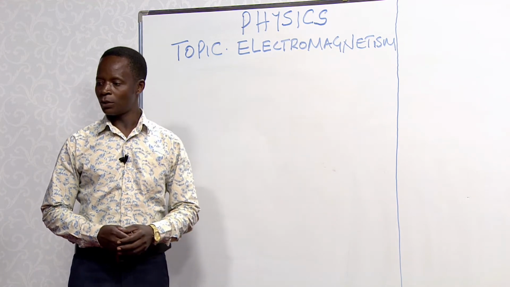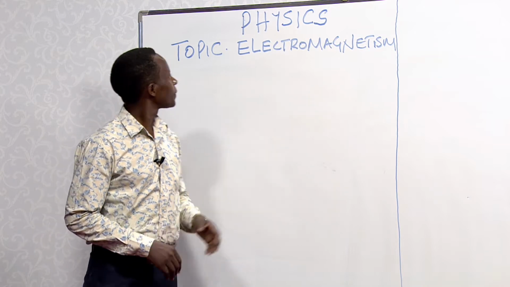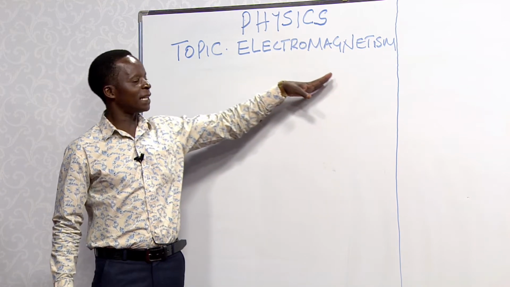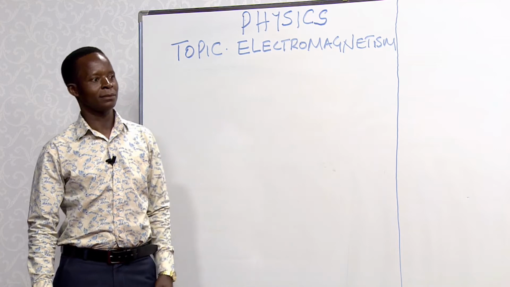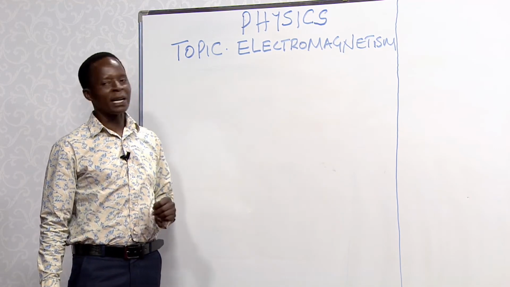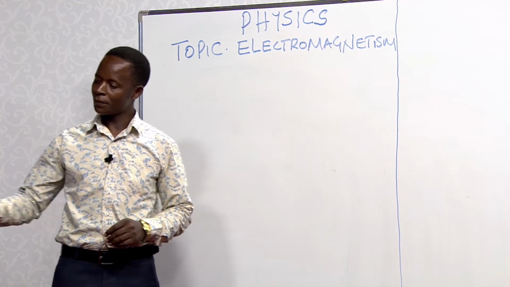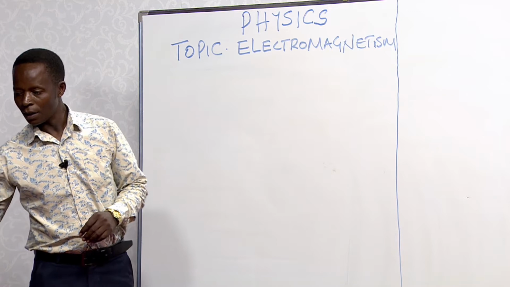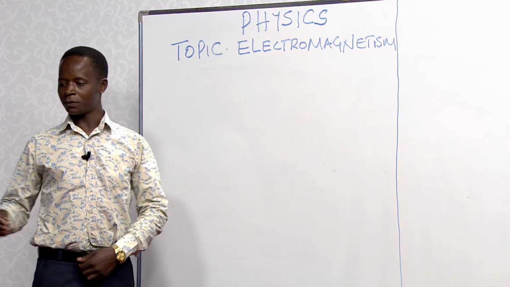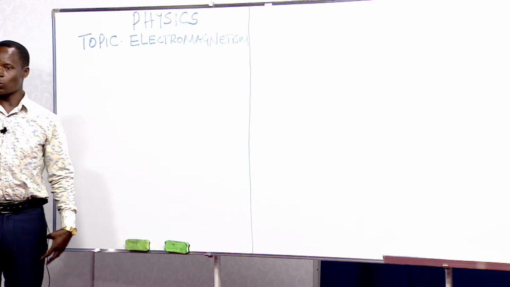Today we are going to discuss the topic electromagnetism. But before we look at what electromagnetism is, you could have wanted to know how some of the equipment you have come across works.